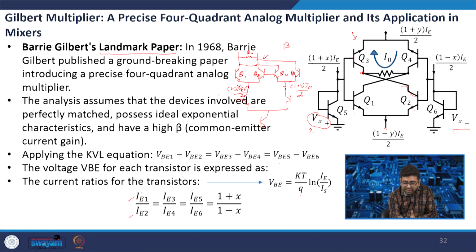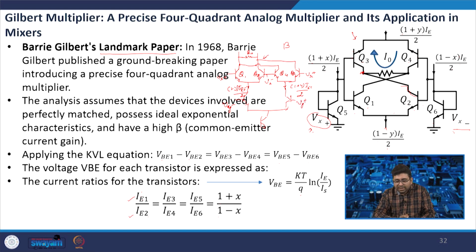So, what is this? This is V_x. At Q1 there is V_x plus, and this is V_x plus at Q1 and Q3, and this is V_x minus, and here what is coming? 1 minus y. So, this is V_y minus, and this is V_y plus.